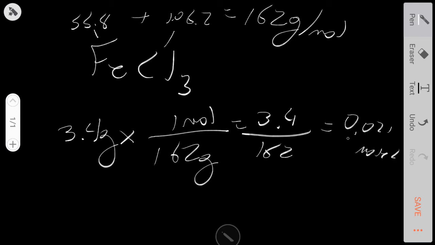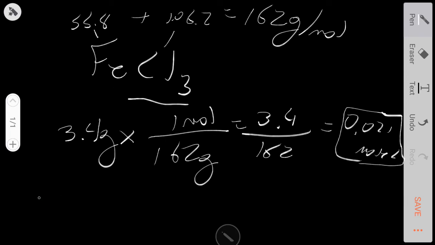So I have this many moles of iron 3 chloride. If I look at iron 3 chloride, I only have one iron per molecule, and I have 3 chlorine per molecule. So all you're going to do is take the number of moles that I have and multiply by the molar mass, and that should give me how many grams of iron I have.